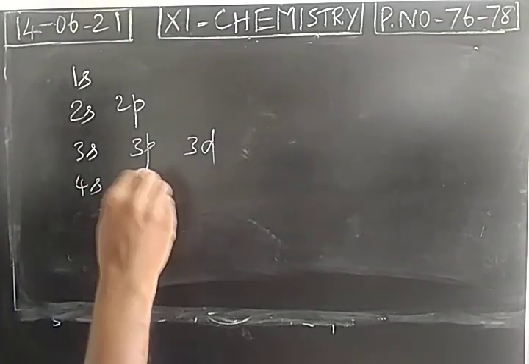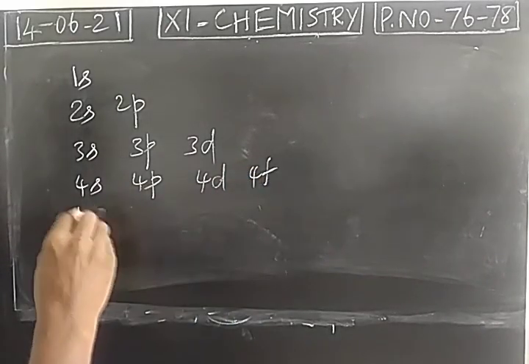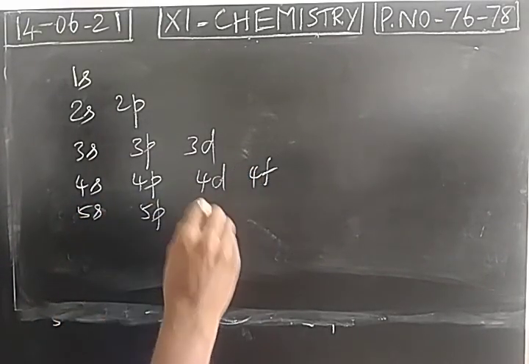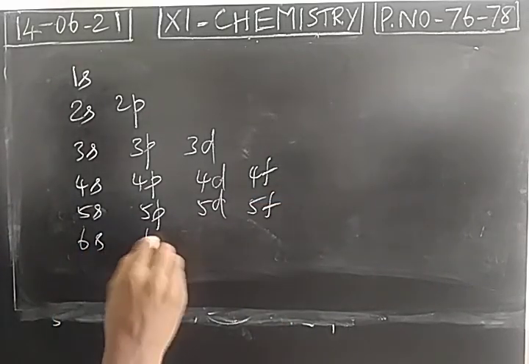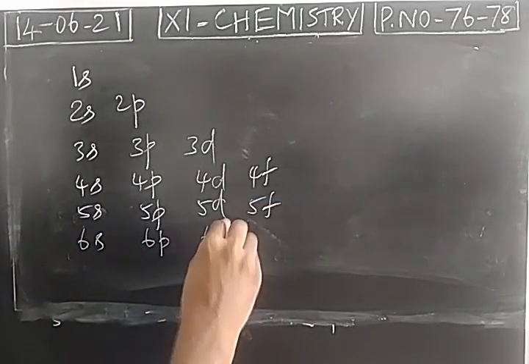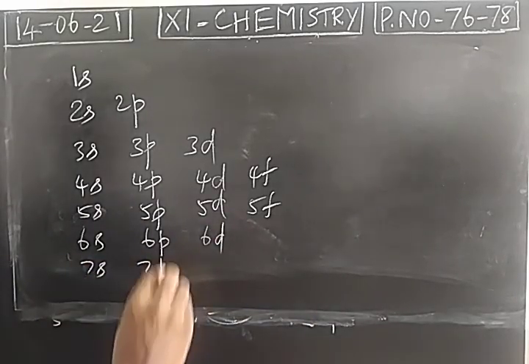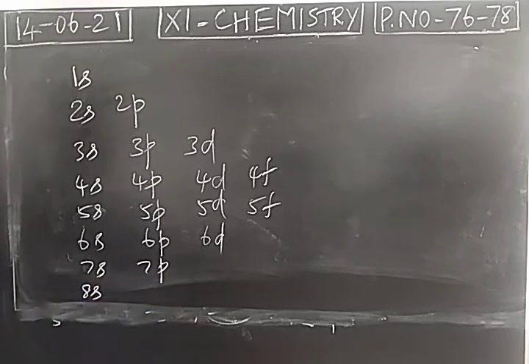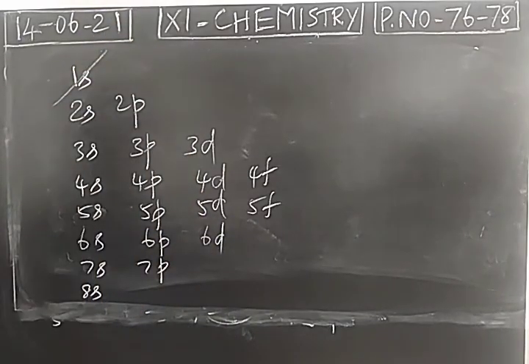From fourth shell onwards, all 4 types of orbitals will be present. And the 6f will also be present. So in Aufbau principle, a diagram is given. You just remind the diagram. The theory part, let me explain in the atomic structure lesson.